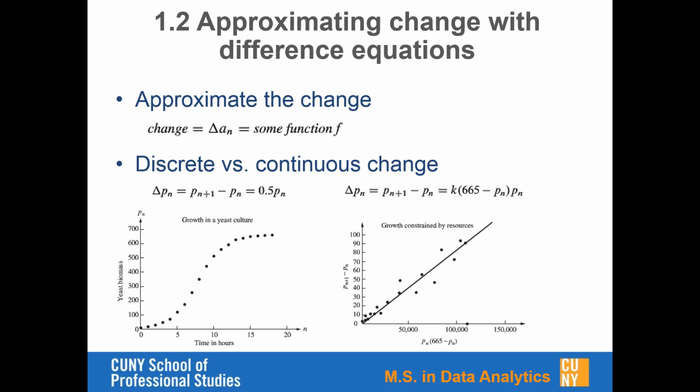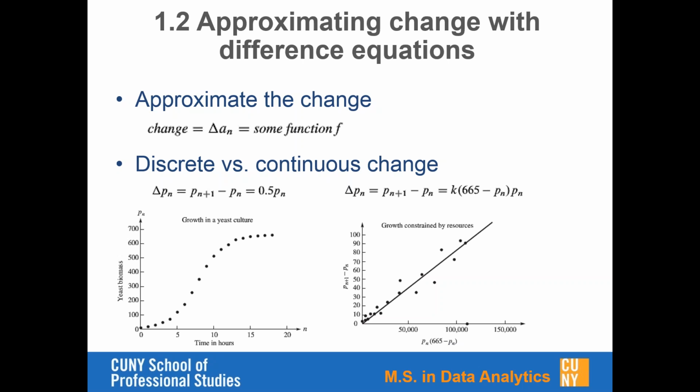So the book actually mentioned how you can approximate change with different equations, saying that the basic idea is that change, delta an in a specific period, is equal to some function of a. And then two examples here.